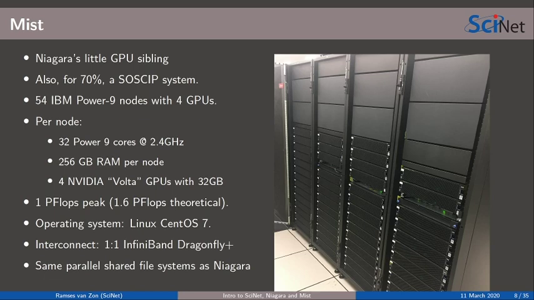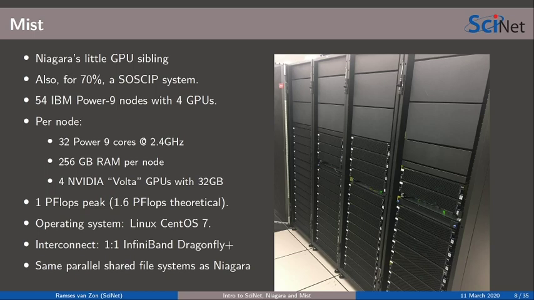And those are the latest GPUs. They have a nice connection between the different GPUs. The nodes themselves are an IBM architecture, which is a slight issue in terms of software. Any software that works on Niagara has to be reinstalled on Mist to work there as well. But we take care of most of that anyway.